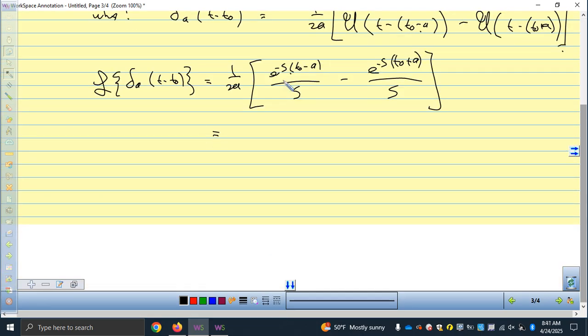I'm going to factor out an e to the minus s t0. So we get e to the minus s t0, e to the sa minus e to the minus sa over 2as. And this should not be minus.